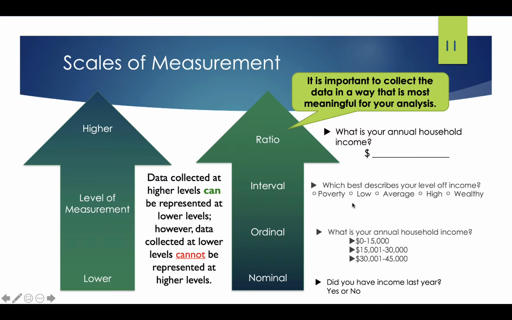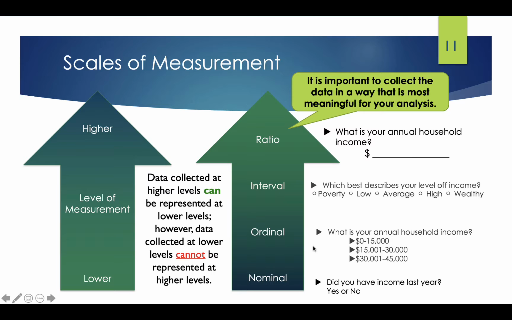Now, which best describes your level of income, which is an interval scale: poverty, low, average, high, wealthy. This can be, you can take this and then it's an interval which can be then brought up to a ratio scale.